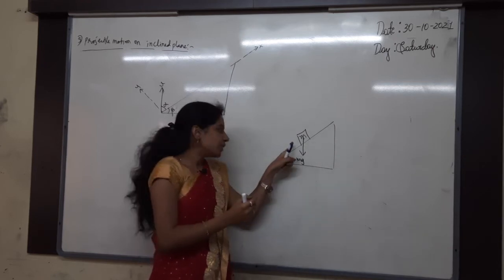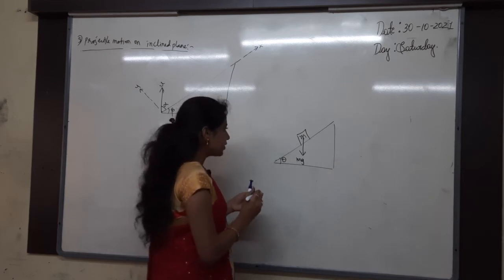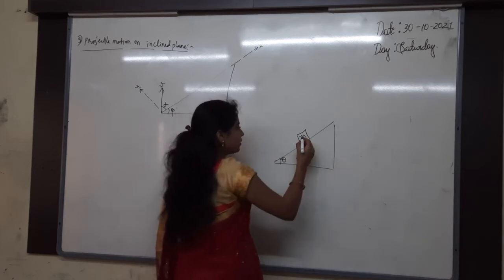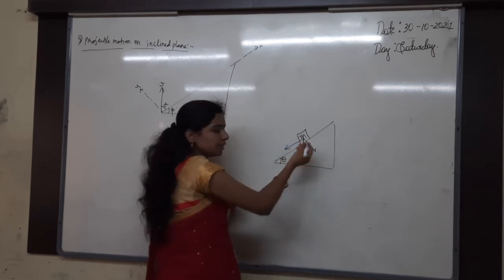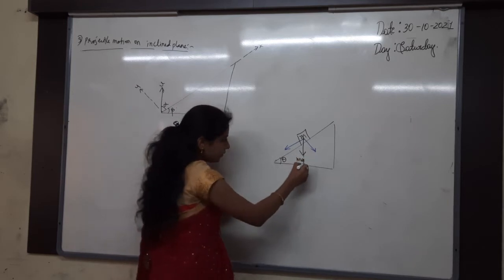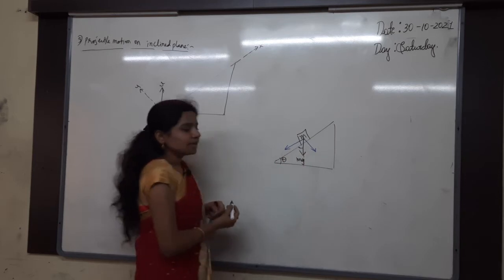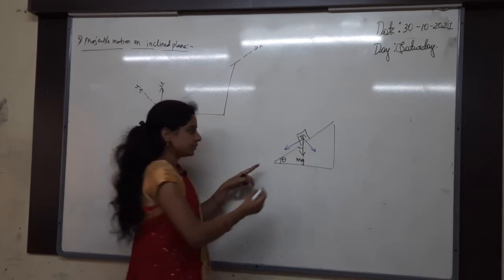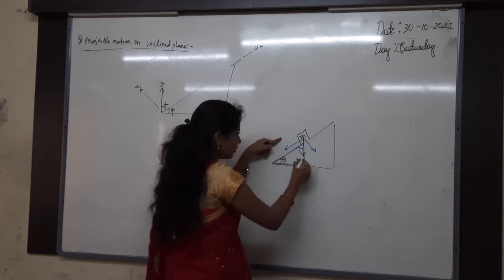I want the component along the inclined plane, so I take one component along the inclined plane like this and another component like this. Obviously both should be perpendicular to each other. Now if I take angle theta here, how much will this angle be? 90 minus theta. See, this is the triangle. If you see this smaller triangle, are you able to see that?